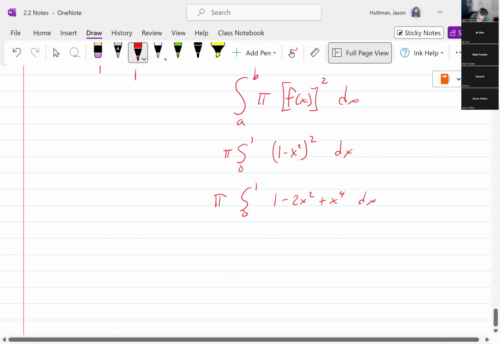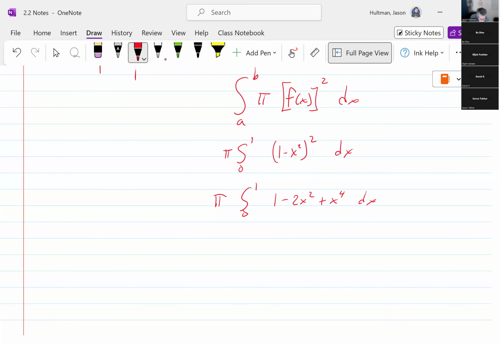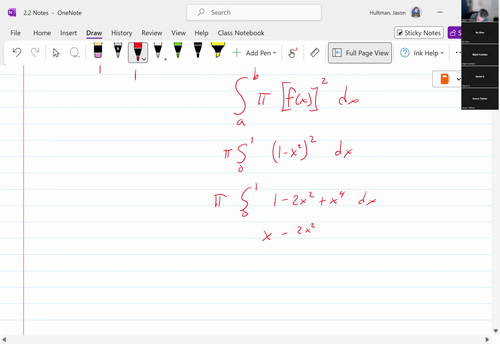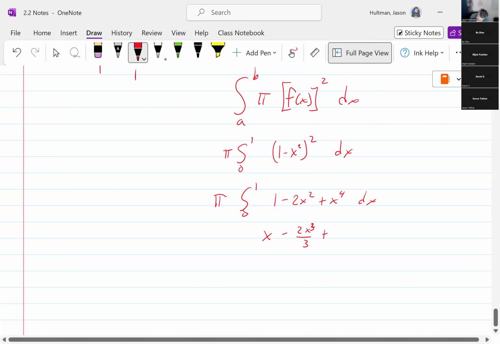We're just multiplying that by itself, FOIL it out. Okay. So now we want to integrate x minus 2x cubed over 3 plus x to the 5th over 5 from 0 to 1, pi out in front.